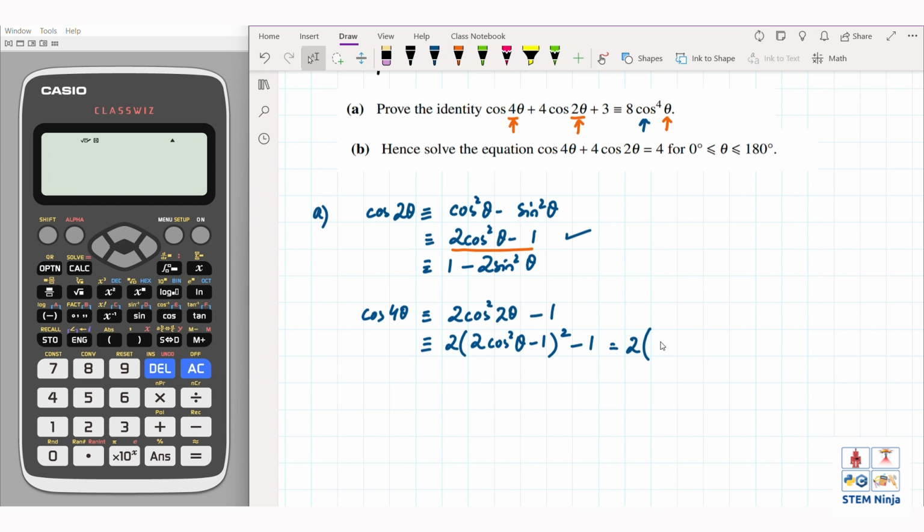So 2 times (4 cos raised to power 4 theta minus 4 cos squared theta plus 1) and minus 1. So when we expand it, 8 cos raised to power 4 theta minus 8 cos squared theta plus 2 minus 1.